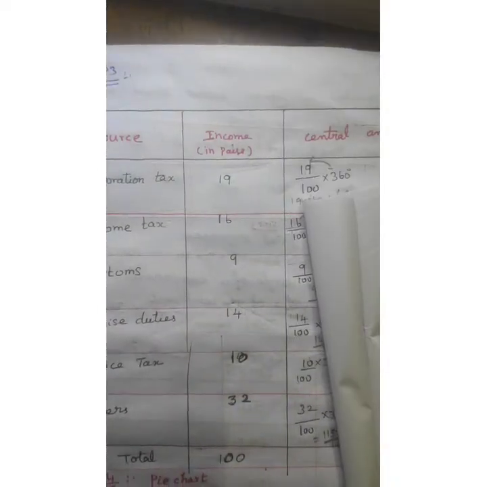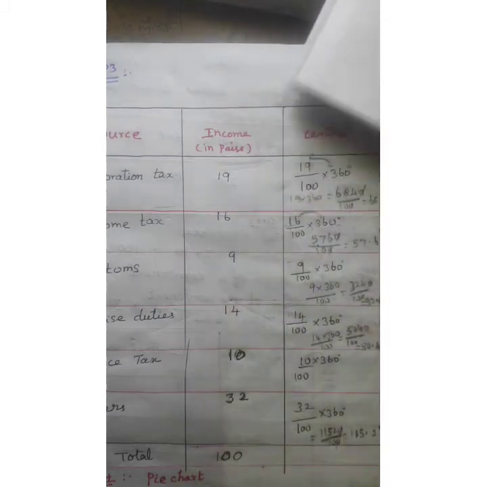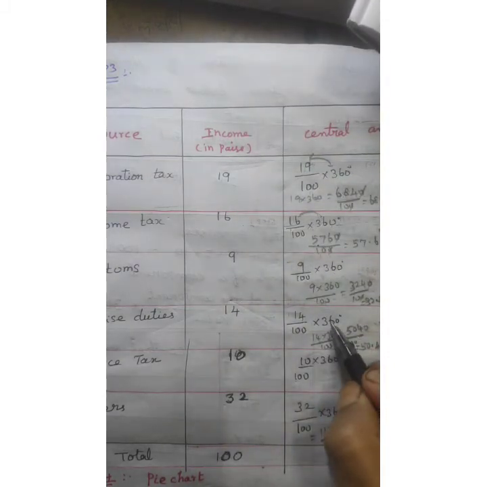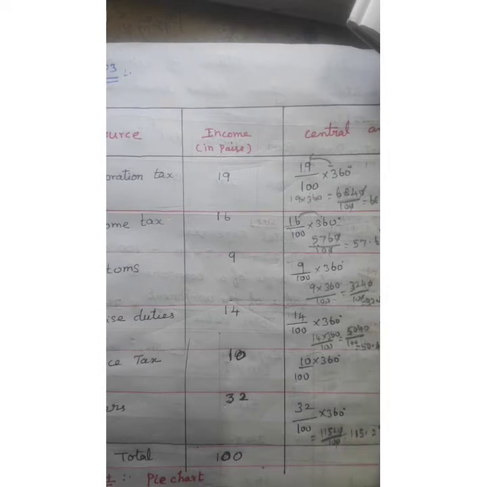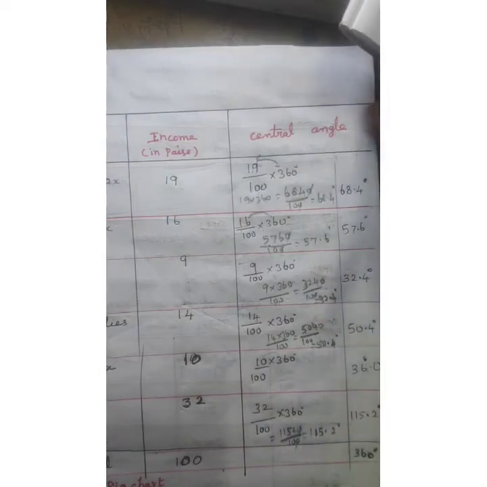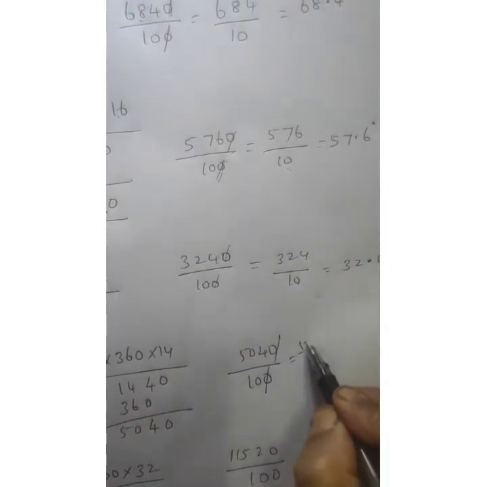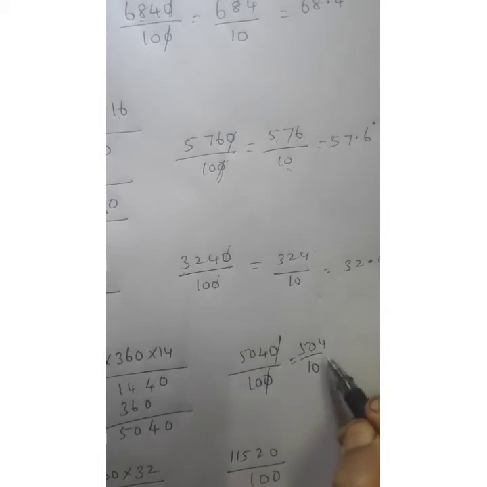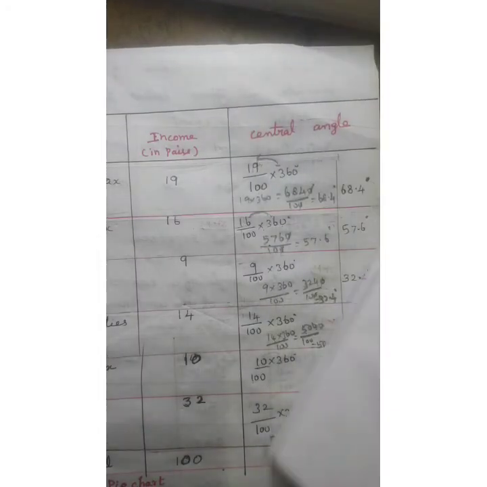Next one is 14 by 100 into 360 degrees. Multiply these two and get 5040 divided by 100. The zeros cancel, leaving 504 divided by 10, so the answer is 50.4 degrees.